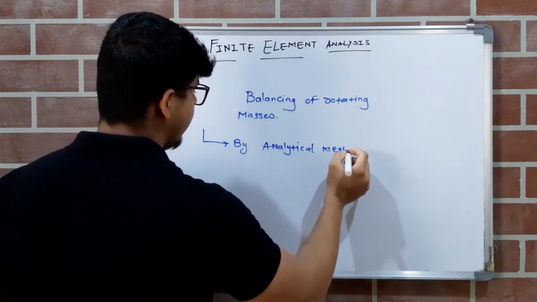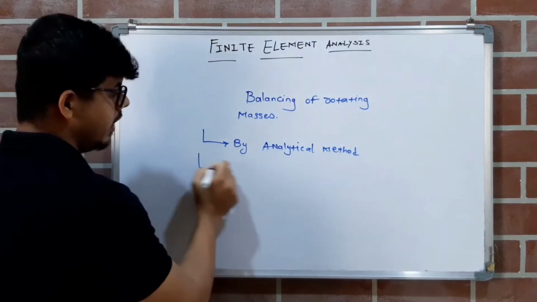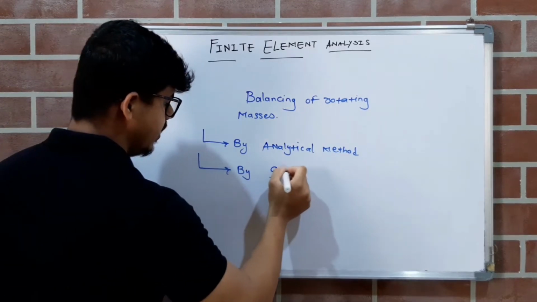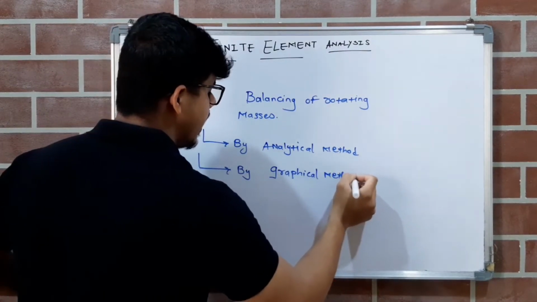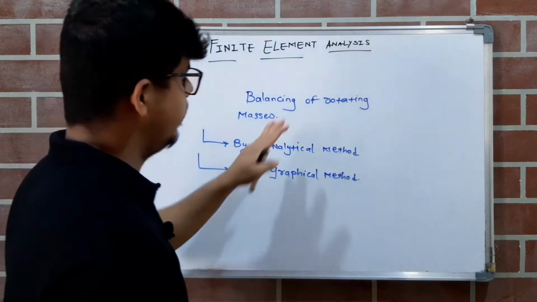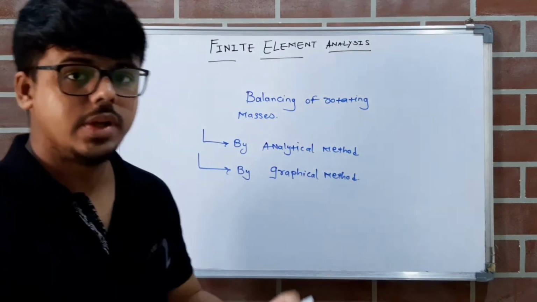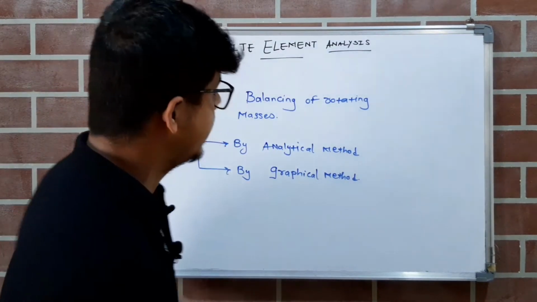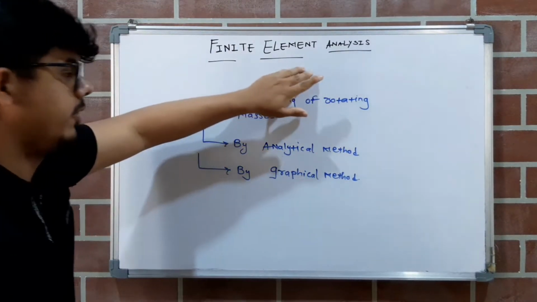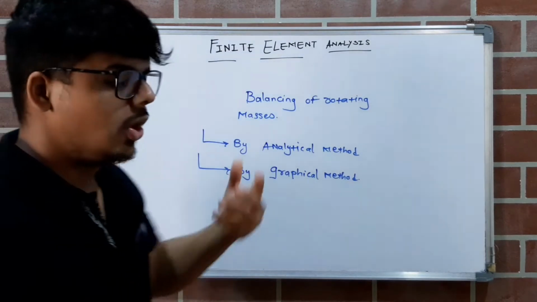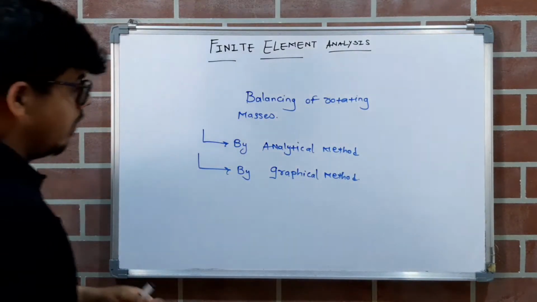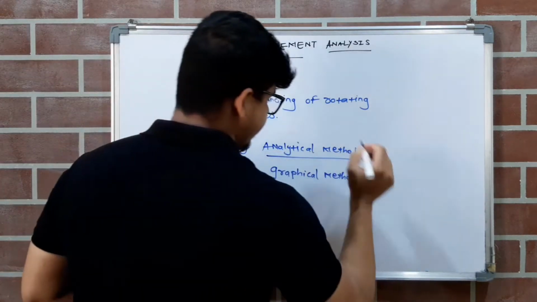I think now you can recall something. And the second is the graphical method. Don't worry, none of the concepts of rotating masses will be used in FEM. We are just creating a background which helps us understand what FEM or FEA, finite element analysis or finite element method, is.